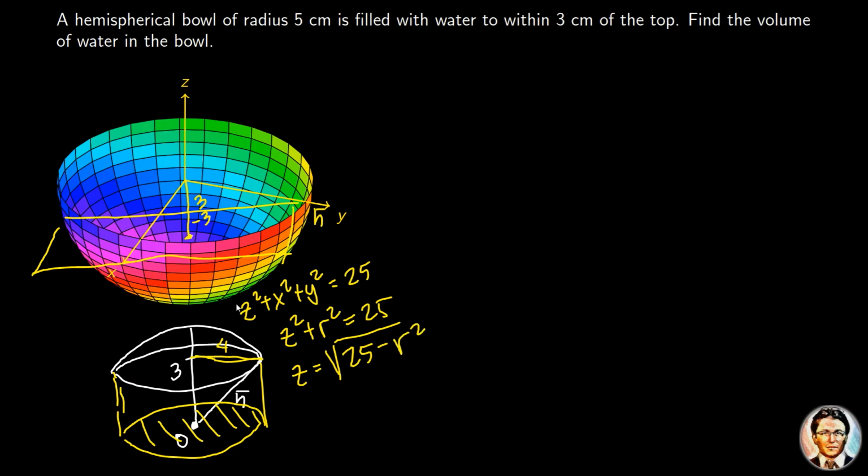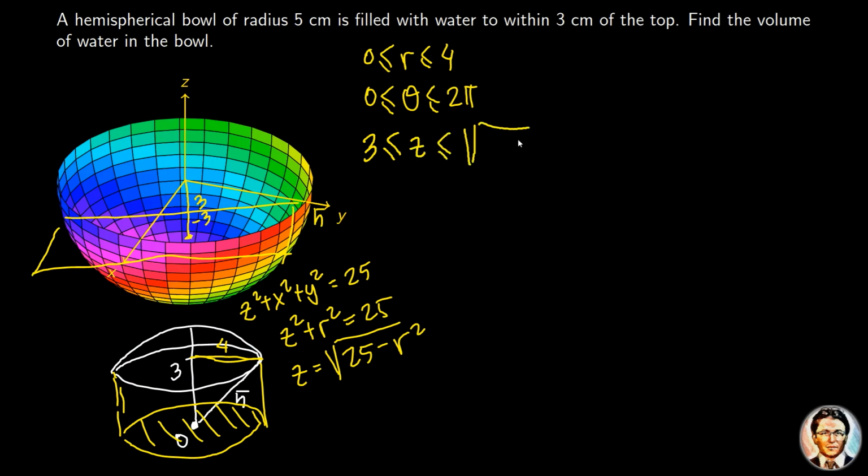So for this volume, the region is r between 0 and 4. Theta is between 0 and 2 pi. We don't have any restriction for theta. And z is between 3 and square root of 25 minus r squared.